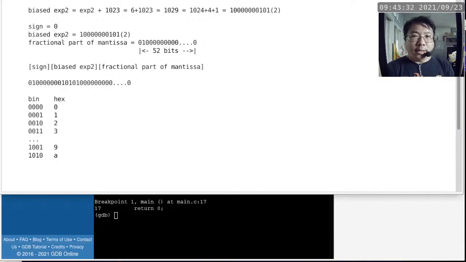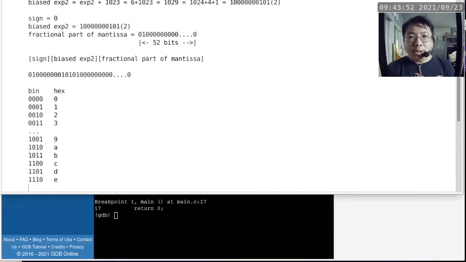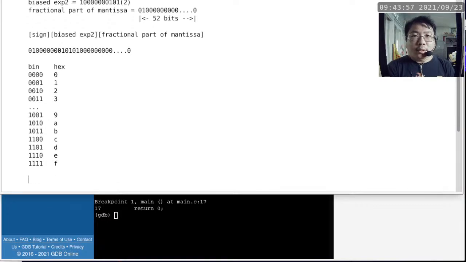A, which can be lowercase or uppercase, represents 1010 in base 2, which is what we know as 10. 1011, which is 11, is B. 1100 is C. 1101 is D. 1110 is E, and finally 1111 is F. So that is the table, not complete, because I'm missing the stuff in between. But this is the table to convert from base 2 to base 16.